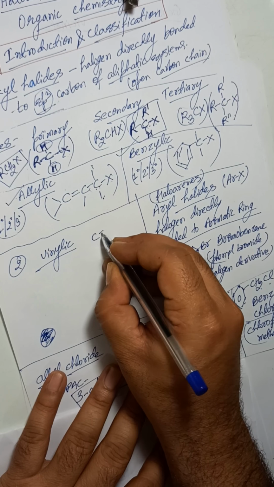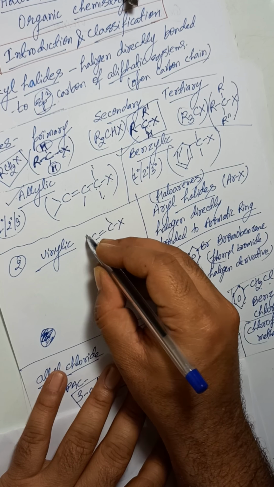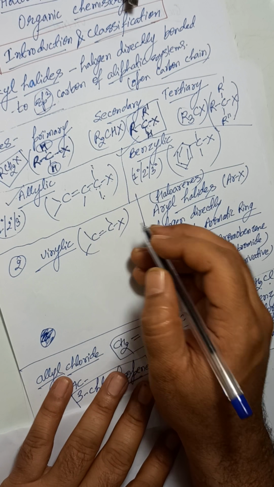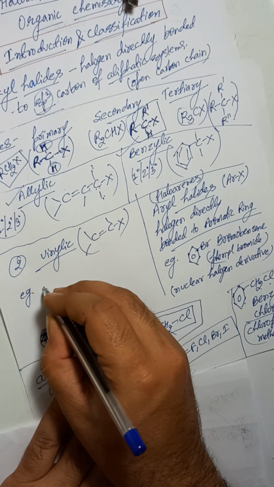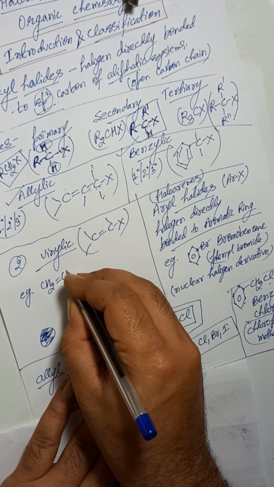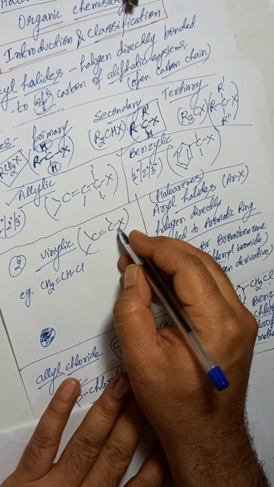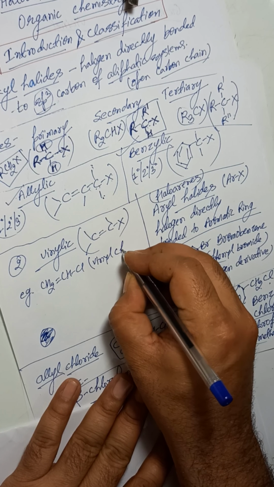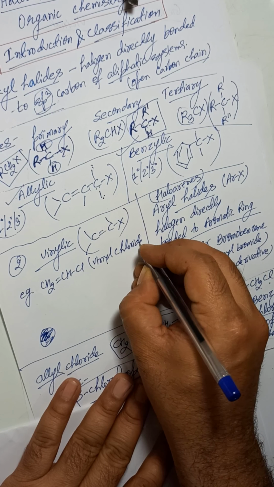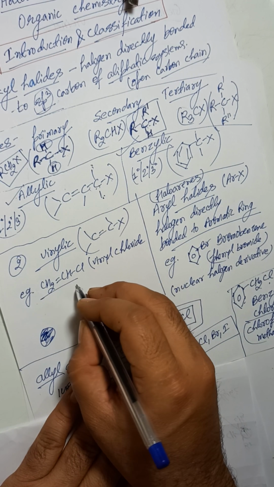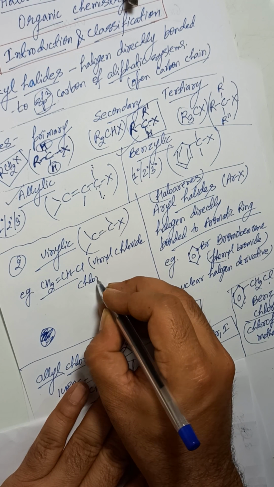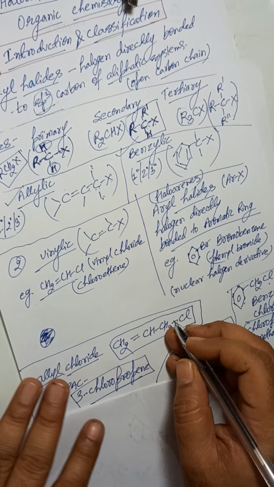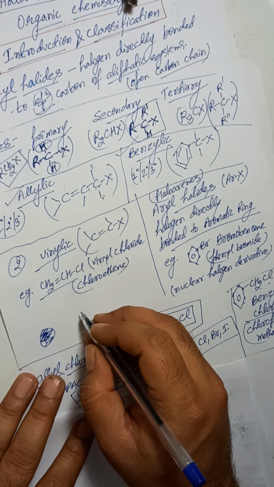Vinylic: something like this, halogen directly attached to a double bond system. The simplest example is vinyl chloride, and you know its IUPAC name, chloroethene.